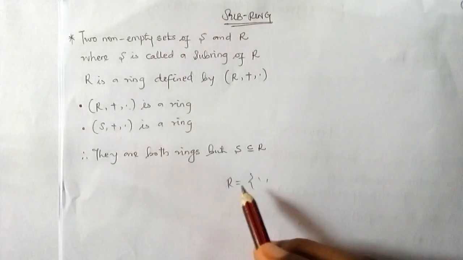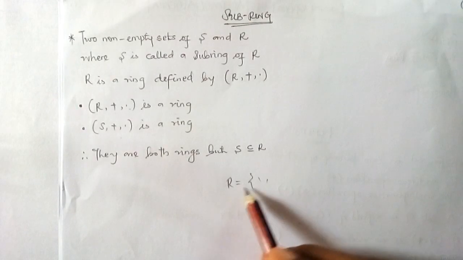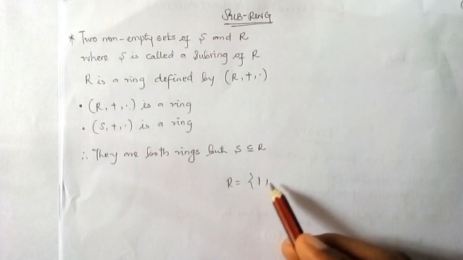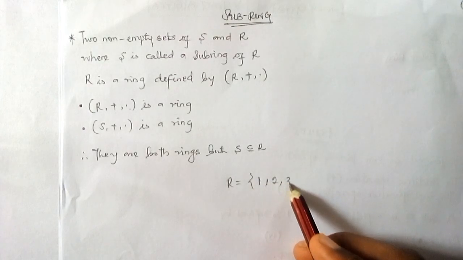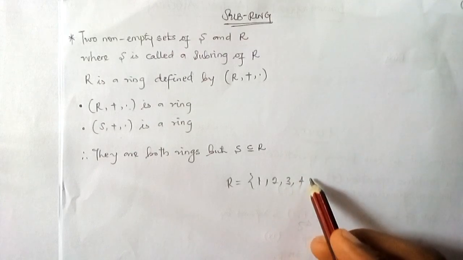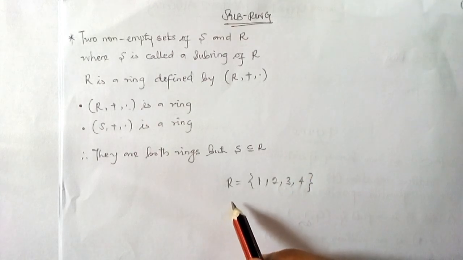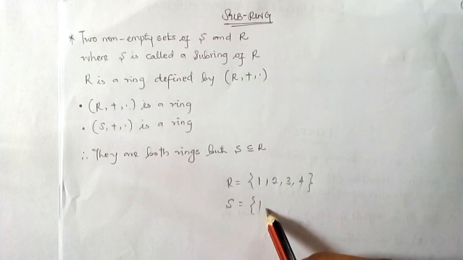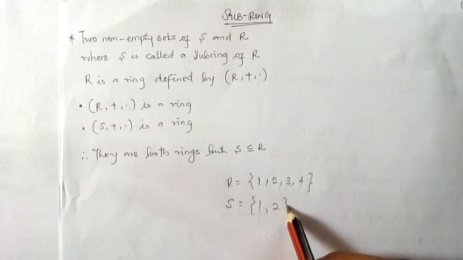As an example, let's say R is equal to the set {1, 2, 3, 4}, and S is equal to {1, 2}.